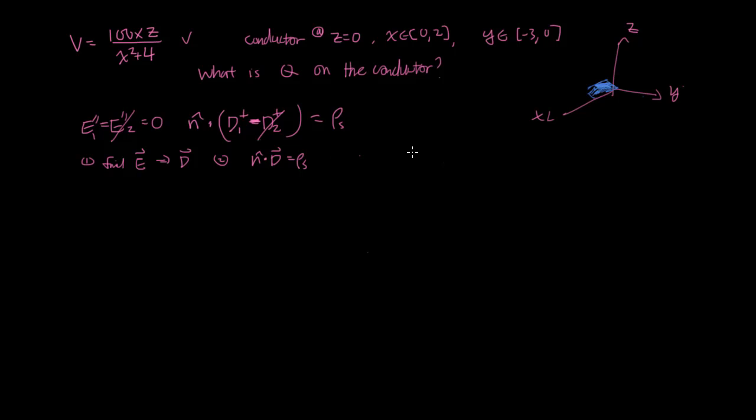And once we have rho s, since this conductor is just a surface, we can then find the total charge by simply integrating the surface charge density across the entire surface. So from here, we can get a strategy for how to get to the total charge. Again, tying together some different concepts that we haven't related in the past.